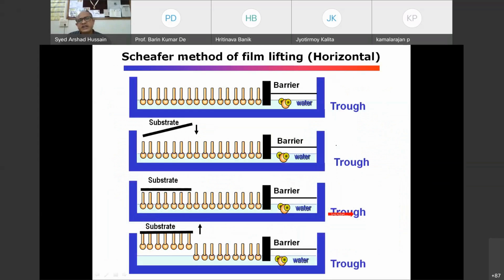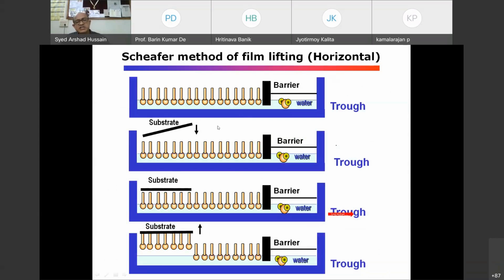And there is another way of transferring this floating layer. This is known as the Schaefer method or horizontal technique. Here, horizontally, you can just take a solid substrate, maybe a glass substrate, very close to the floating layer. Gently you touch and you see that your material will attach here.